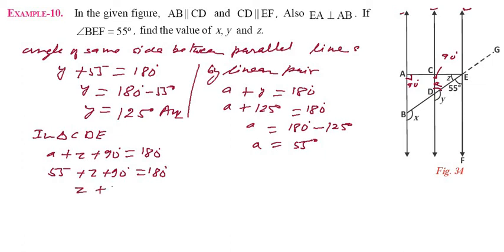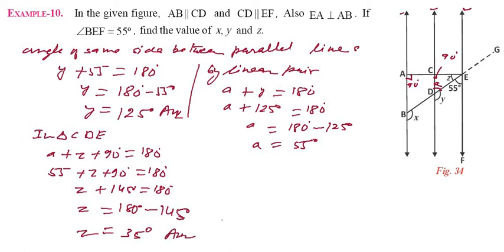So z plus we can add this 90 and this one, it is 145, is equal to 180 degrees. So z will be equal to 180 minus 145. Now 10 minus 5, that is 5, and 7 minus 4, that is 3, so 35 degrees. So z will be equal to 35 degrees.